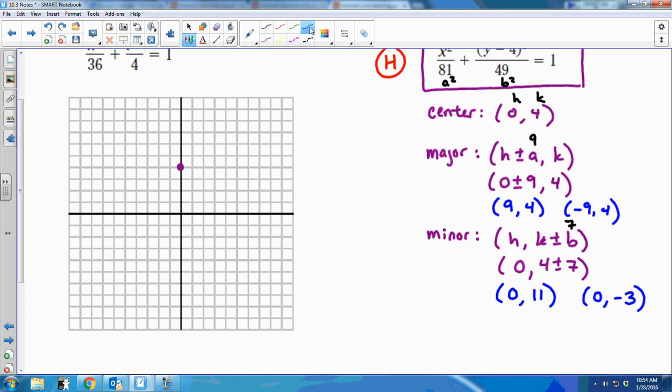We have major axis vertices at 9, 4, which is right here, and negative 9, 4, which is right here. We have minor axis vertices at 0, 11, which happens to be right off the graph, and then 0, negative 3.